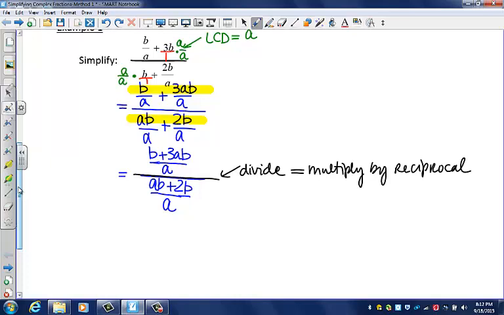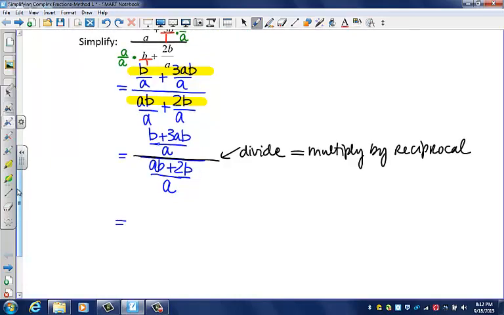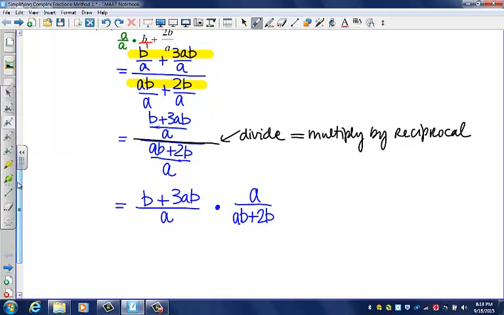So instead of taking my top rational expression divided by my bottom, I'm going to take the top rational expression and multiply by the reciprocal of the denominator, which leaves me with a over ab plus 2b. Now we're multiplying rational expressions. Using this method, you have to add rational expressions and multiply them, so it's a nice review of all methods.